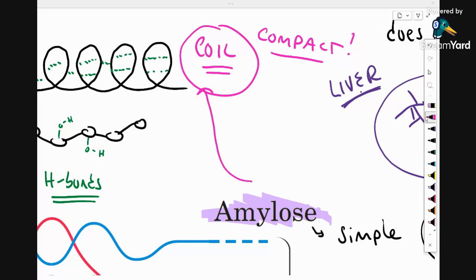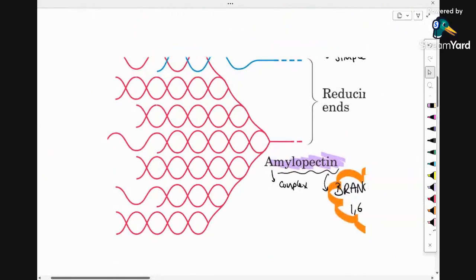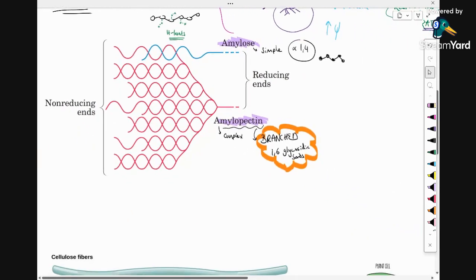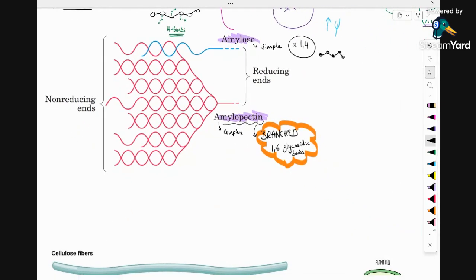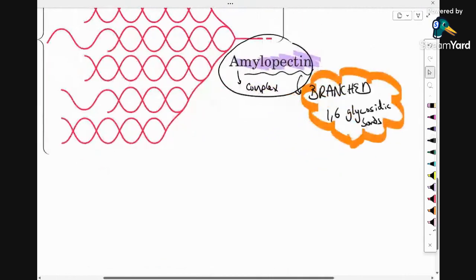Now, why plant cells have a mixture of these two things, which you can see here. I think this is quite a nice image. It shows your red amylopectin, which is very branched, making lots of branch points, but your amylose in blue at the top is just a single coiled structure. Why plants have both, you shouldn't be asked.